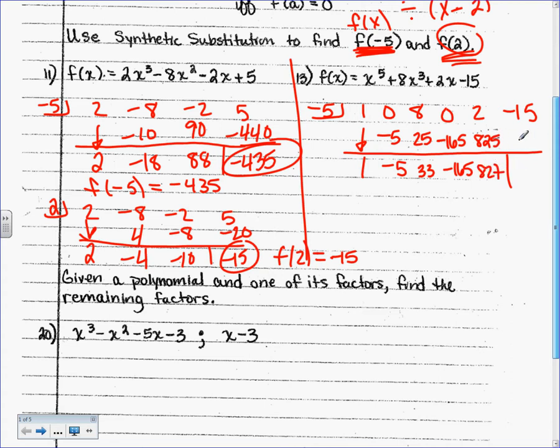Multiply. Negative 4,135. Add. Yep. So f of negative 5 is negative 4,150. We're not going to do f of 2. I feel like you get it. Is that okay? Okay.